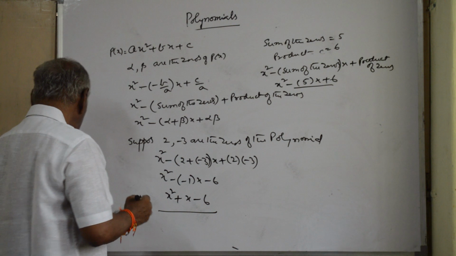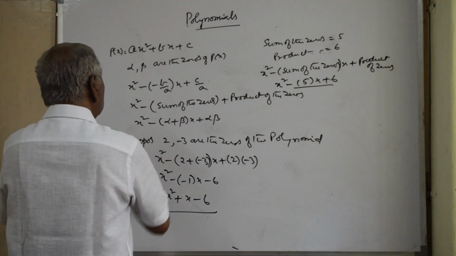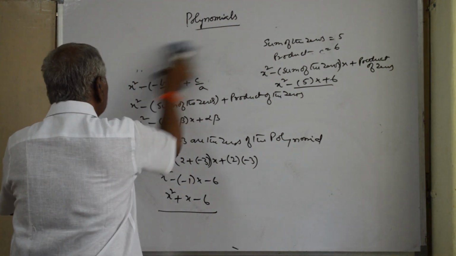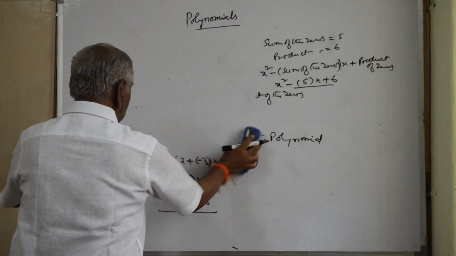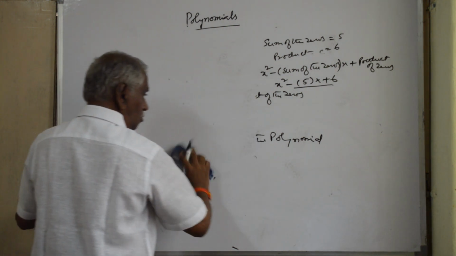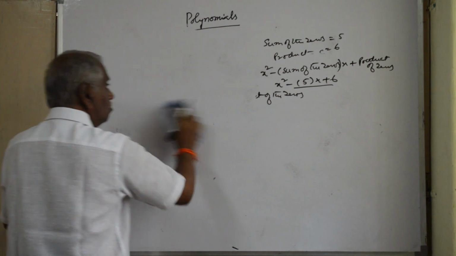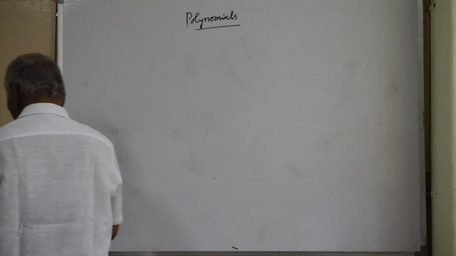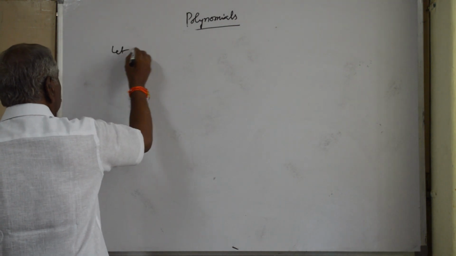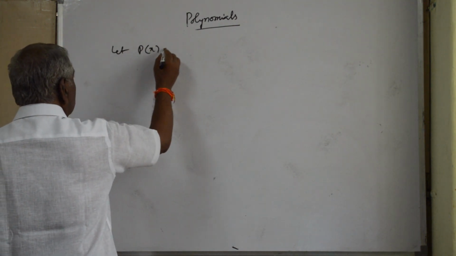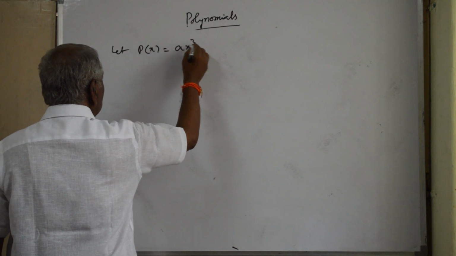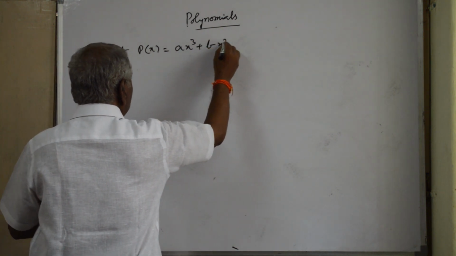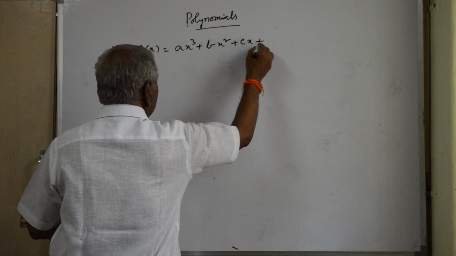Now let us consider a cubic polynomial. Let P of x be equal to ax cube plus bx square plus cx plus d.